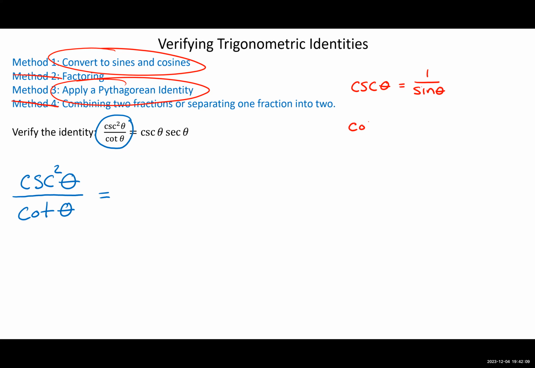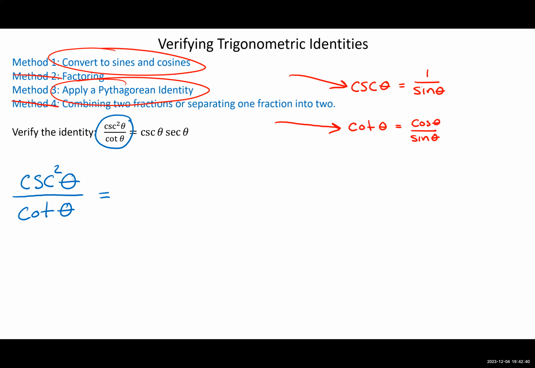And the cotangent of theta is equal to the cosine of theta over the sine of theta. The first one is one of the reciprocal identities. The second one is one of the quotient identities. They both apply here.